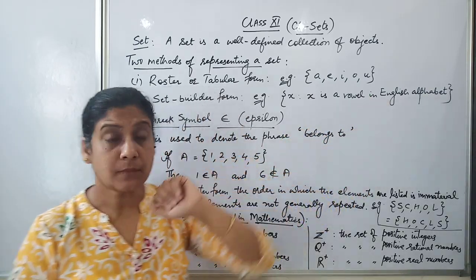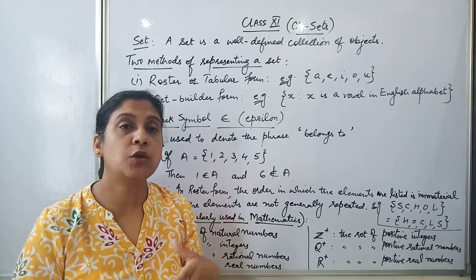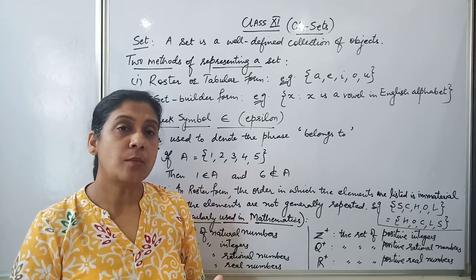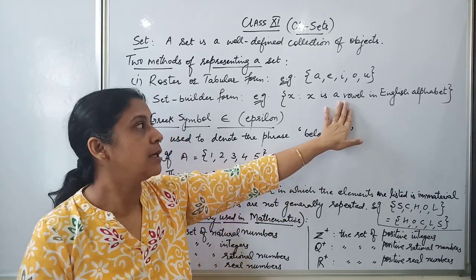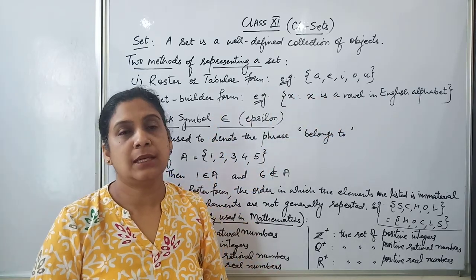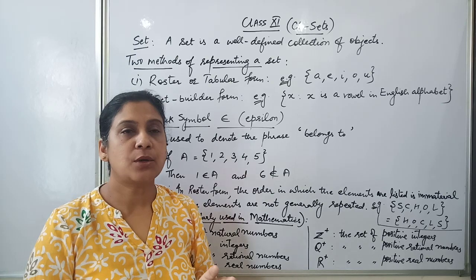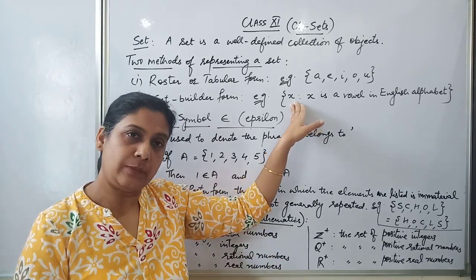Braces close. This time I have not listed out the elements. I have given the common property. What is the common property? They are all vowels in the English alphabet. So this set is written in the set builder form, where I am not going to list out the elements. I am just going to give a common property which will be possessed by all the elements of that set.